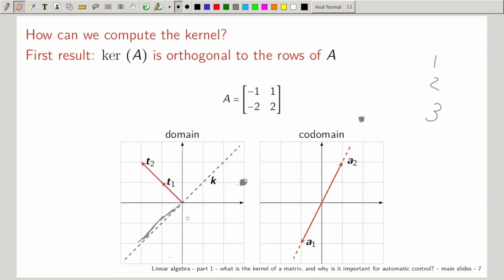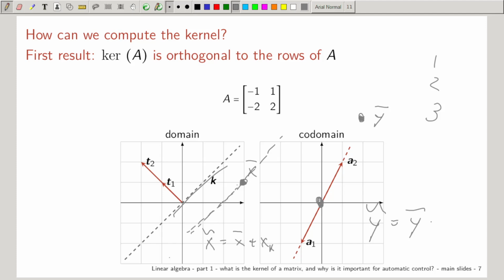And that means any x, if we call this x bar, and this is my y bar, any x tilde that is along this plane is going to be x bar plus x kernel, let's call it in this way. All the x kernels go into 0. The y tilde are still going to be y bar, because they are y bar plus 0, since the x kernel goes into 0.